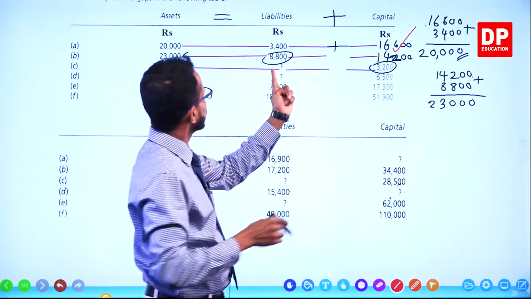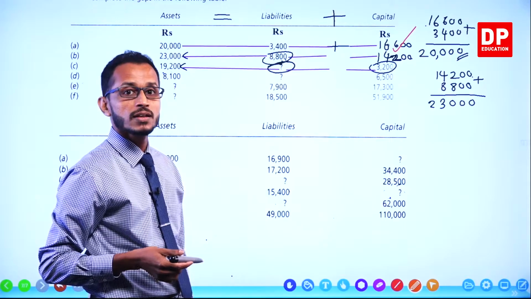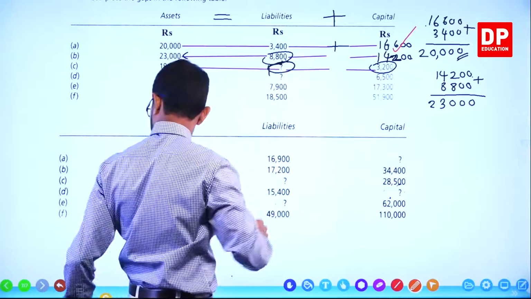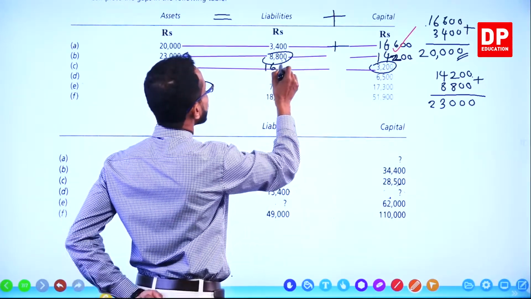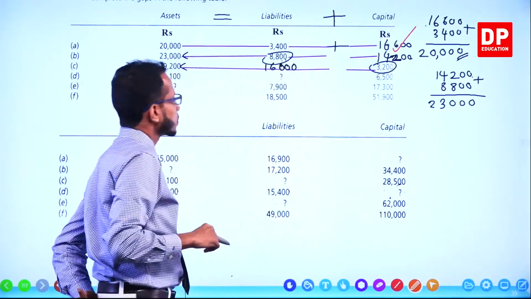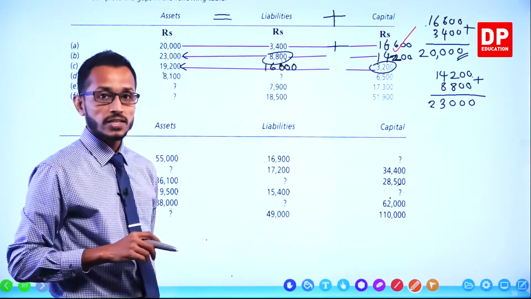How much should come here? 16,000. Correct.